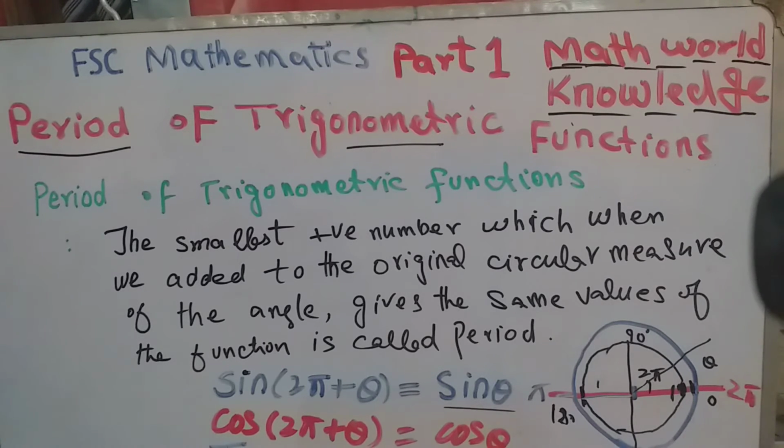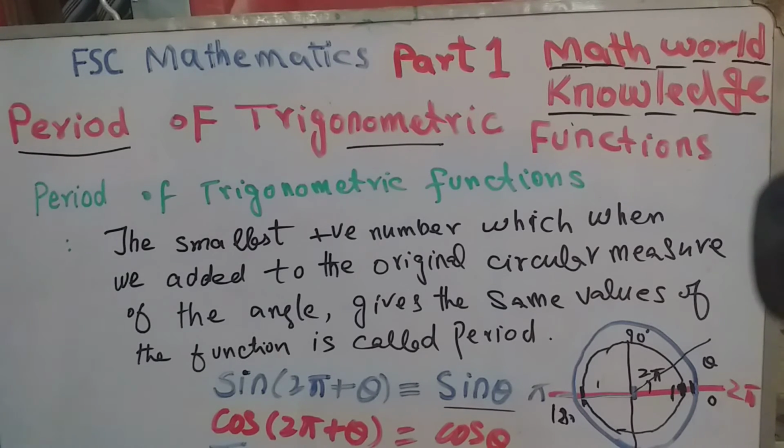In this way, for the function cot, cot of pi plus theta is cot theta, because the angle lies in the third quadrant. In the third quadrant, cot and tan are both positive. So cot theta is the original value.